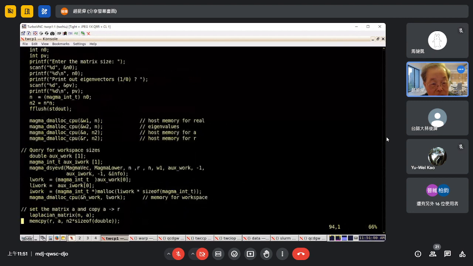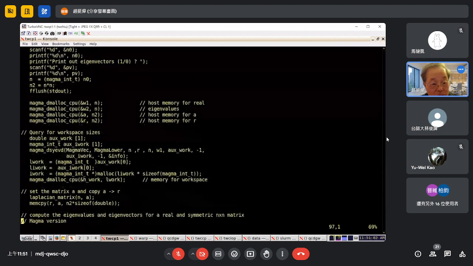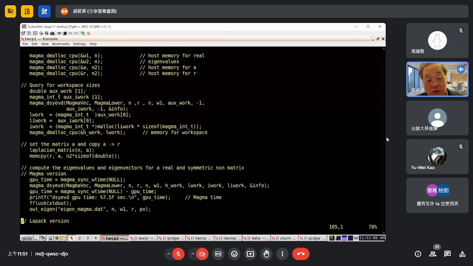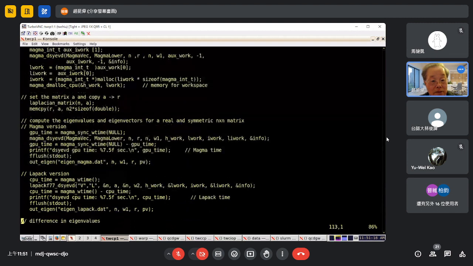This is rather robust, no matter whether you call MAGMA or LAPACK. These examples show you how to solve eigenproblems with LAPACK and also the acceleration with MAGMA.